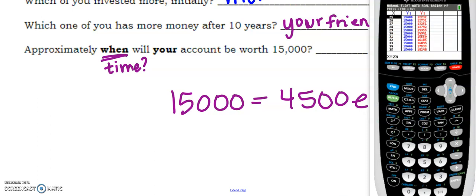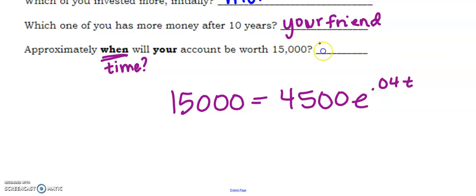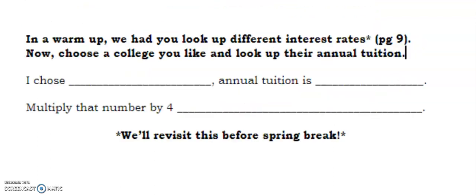Okay, sorry about that. Calculator got out of control. So here we are. 14,000 versus 15,000 happens between year 30 and year 31. So year 30, which means that right now is 2020. So I will have $15,000 in the year 2050.